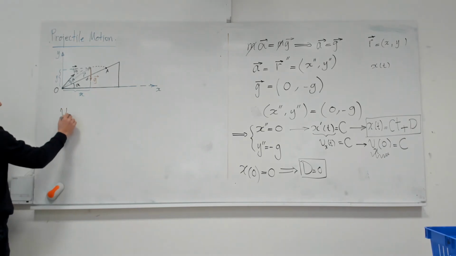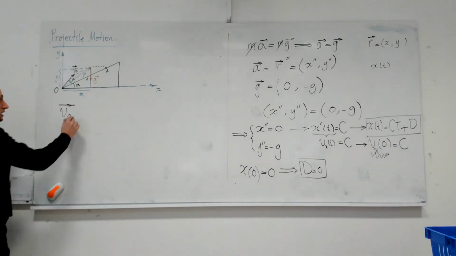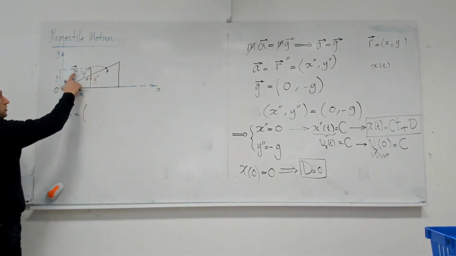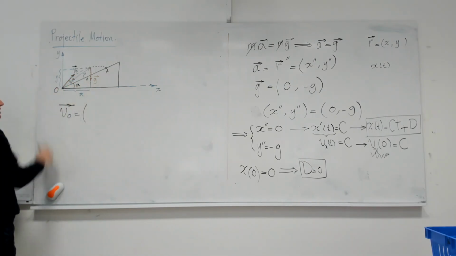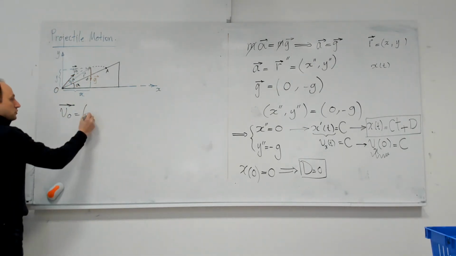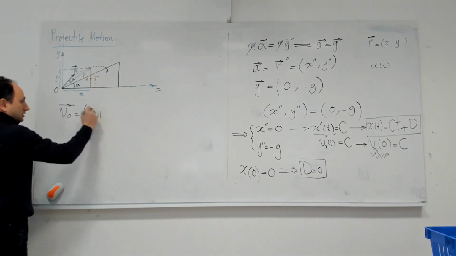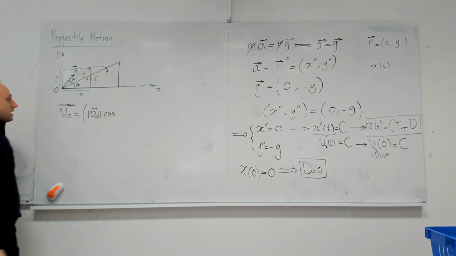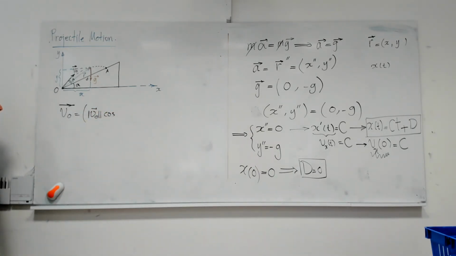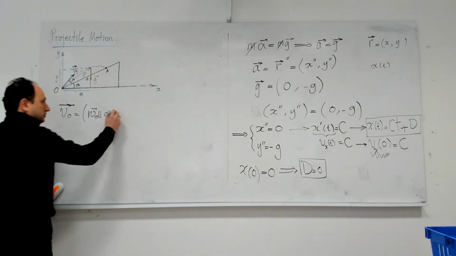So if I ask you what is V0, you say that I want to write the component of this vector along the x direction, which becomes what? V0, the norm of the vector, times cosine of which angle? Alpha plus beta, yes.